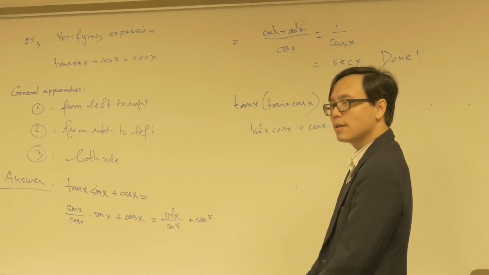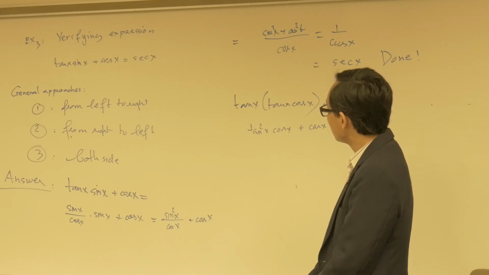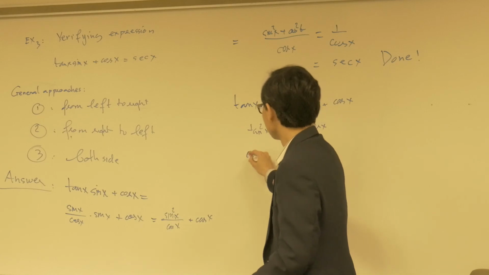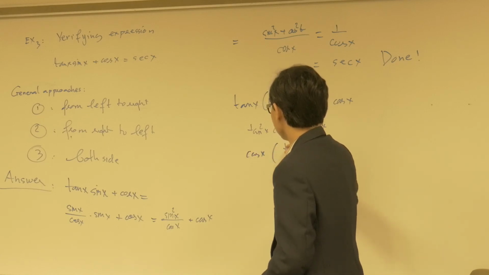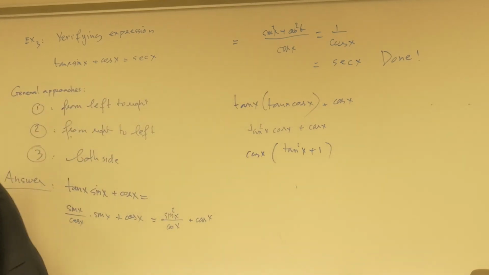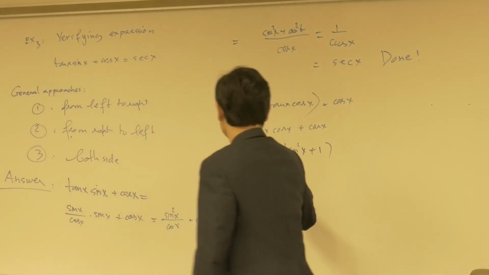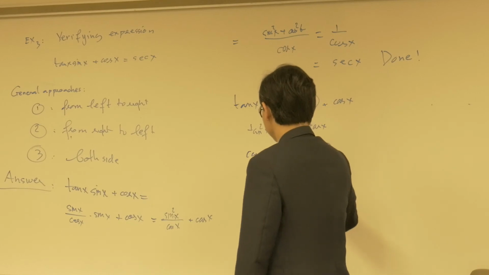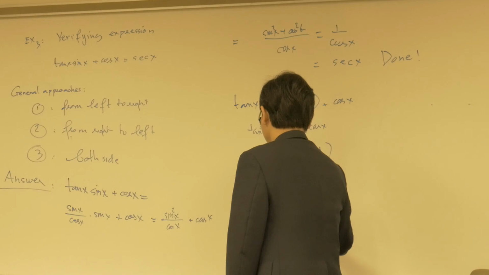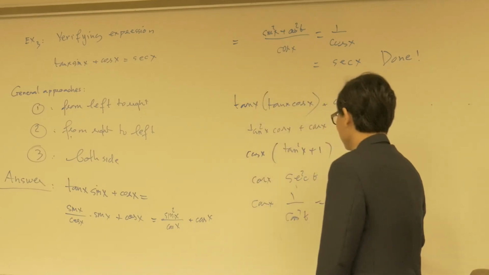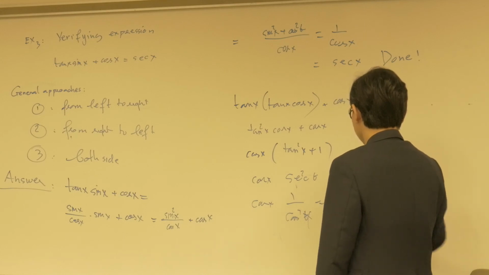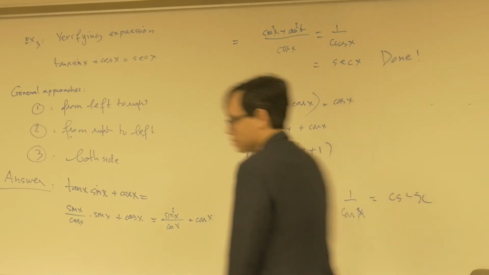Let's see it work. Then what? Cosine x as common, this is the GCF. So you take out cosine x, so tangent squared x plus 1. And tangent squared x plus 1 is what? Secant squared. And secant squared is 1 over cosine squared. And you simplify this, it gives 1 over cosine, which equals secant x.